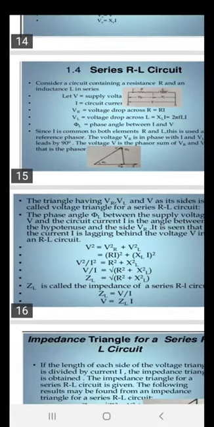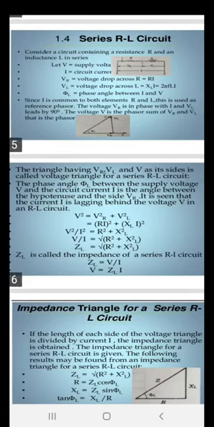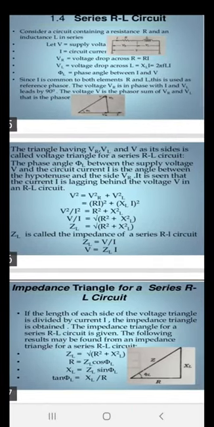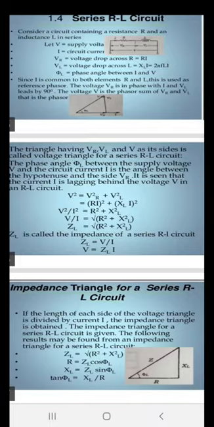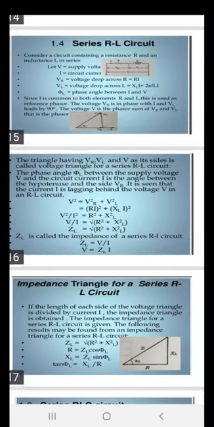The triangle having sides VR, VL and V is called the voltage triangle for the series RL circuit. The phase angle phi between supply voltage V and circuit current I is the angle at the hypotenuse side, with current I lagging behind the voltage V in an RL circuit.